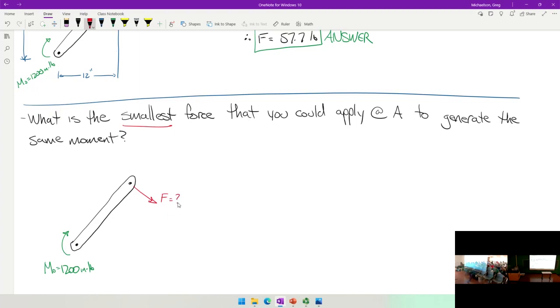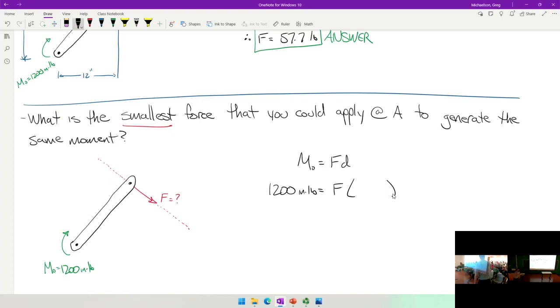So the line of action is like this. So if I use my simple definition, I now, again, need a moment arm. What's that moment arm going to be for this problem?